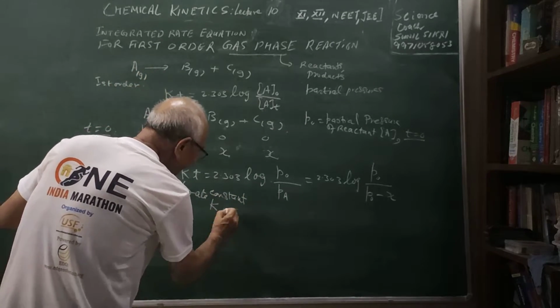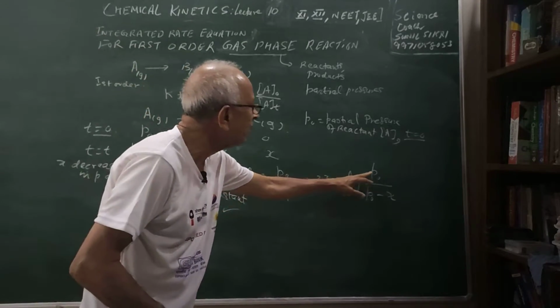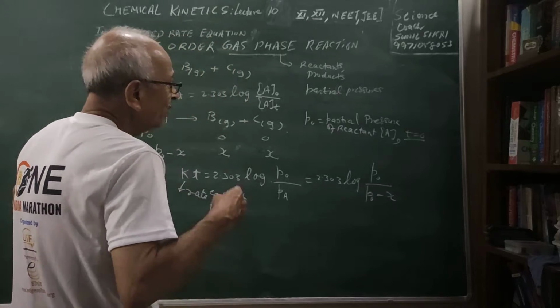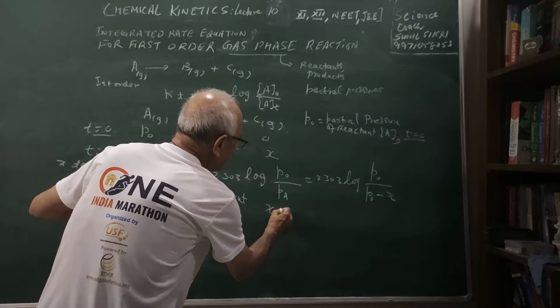Usually the questions ask to find the value of K after 100 seconds, after 200 seconds. So we have to find the value of P0 and X. But the problem is, in our questions, the X value is not given.